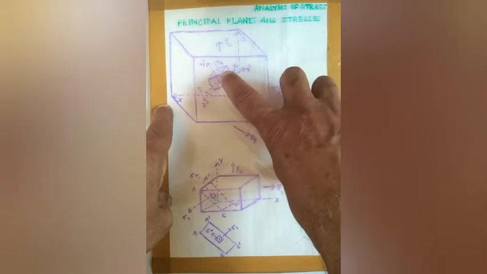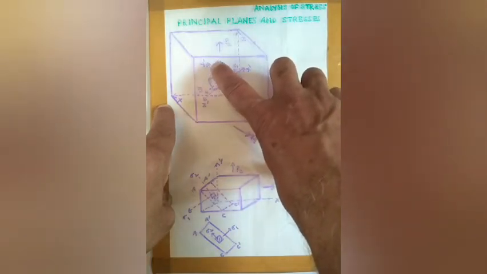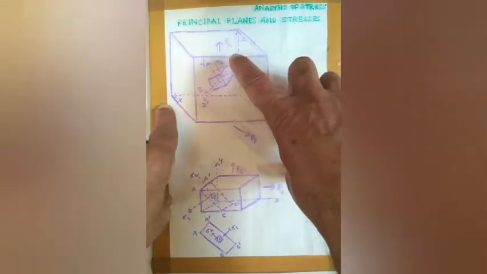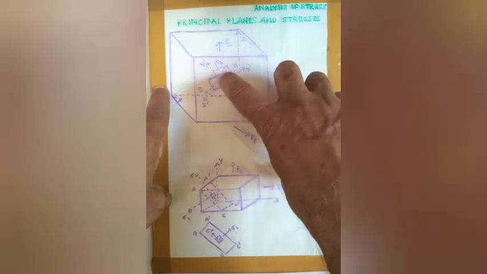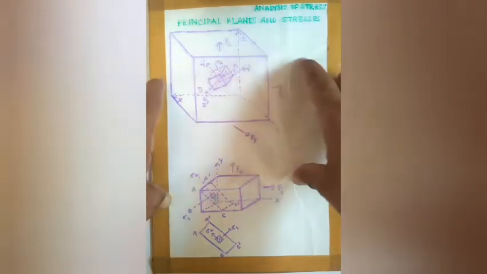The plane carrying the principal stress which is largest is called major principal plane, and the plane carrying minimum of these three stresses is called minor principal plane.